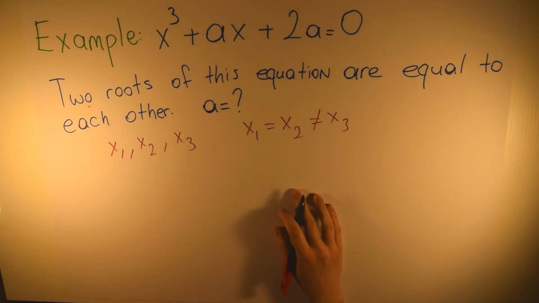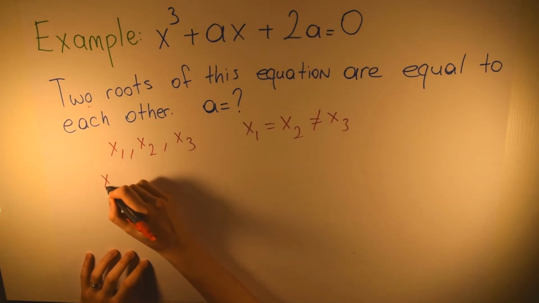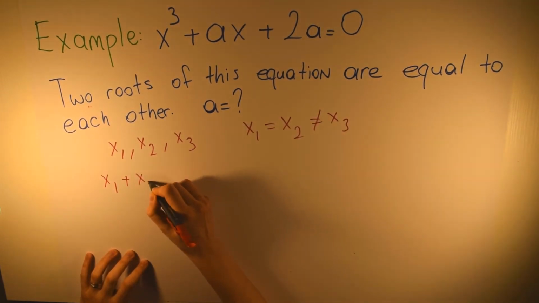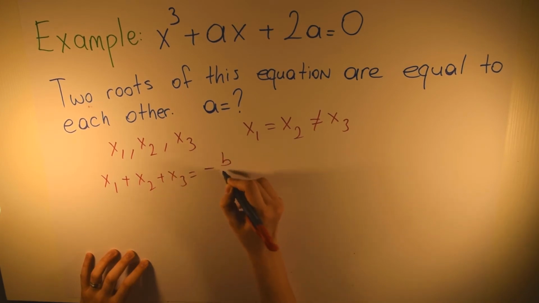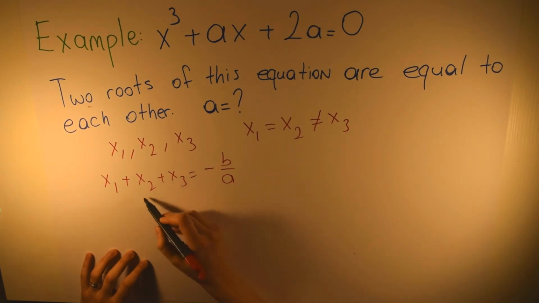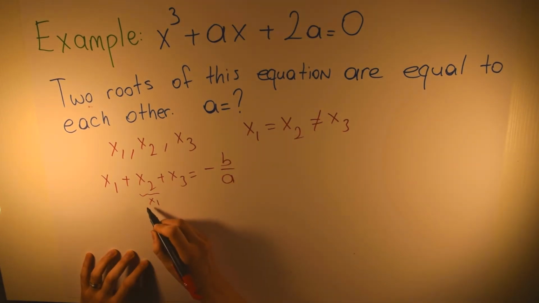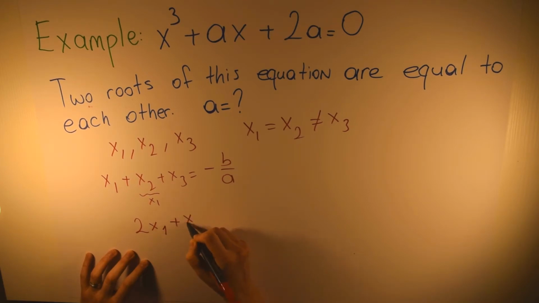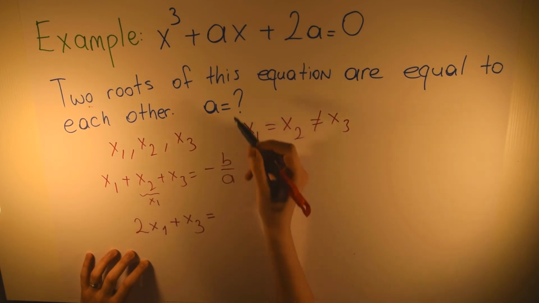Let's write the sum of these three roots, which is equal to minus b over a. From here I can write x1 instead of x2 because they are equal to each other, so 2x1 plus x3 is equal to minus b over a.